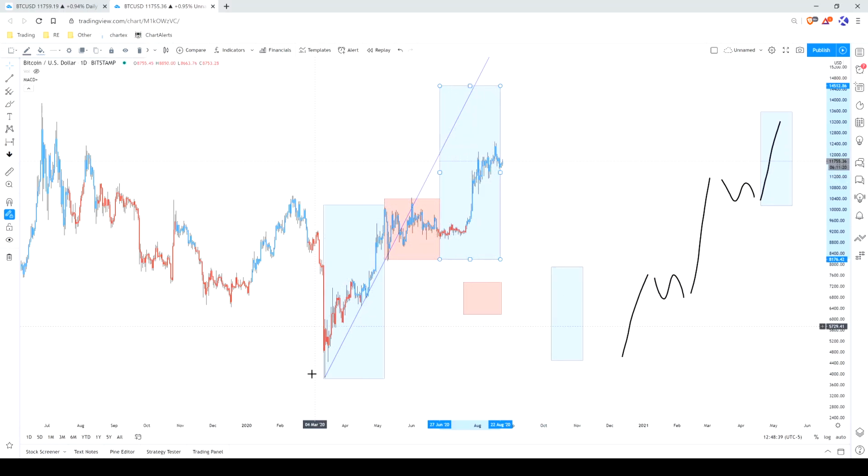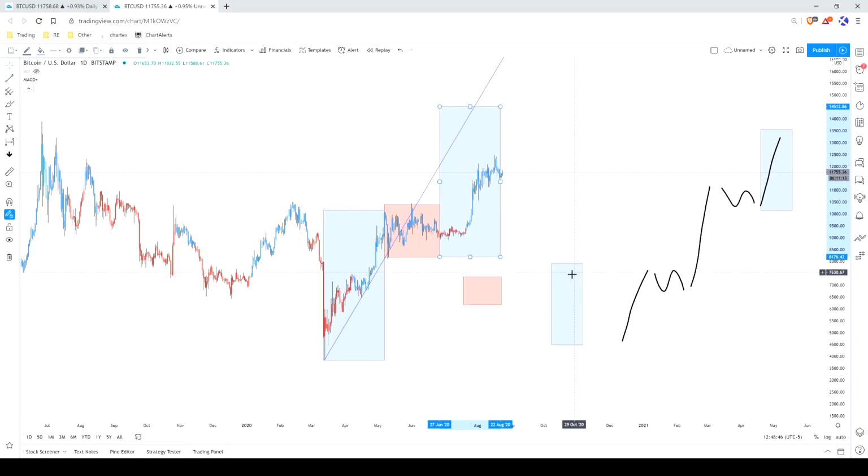Time-wise, we've already matched the time of this one. However, it's very clear in the subwaves that we have an impulse and a correction forming behind it. And not only that, in our corrective move, we're continuing to make higher lows.